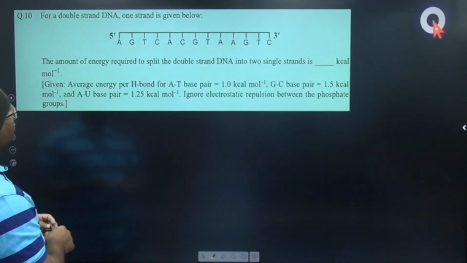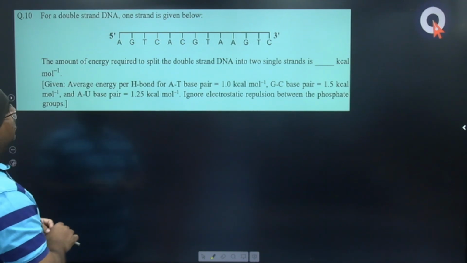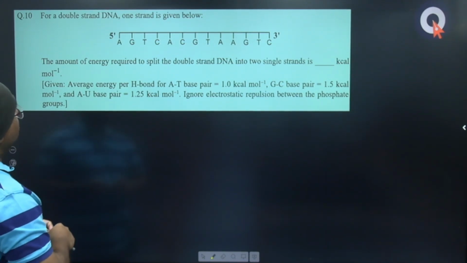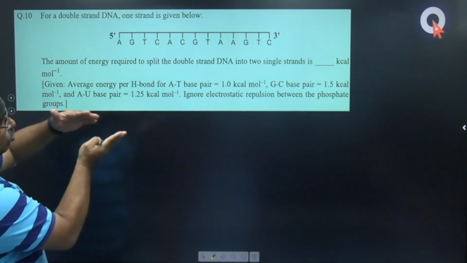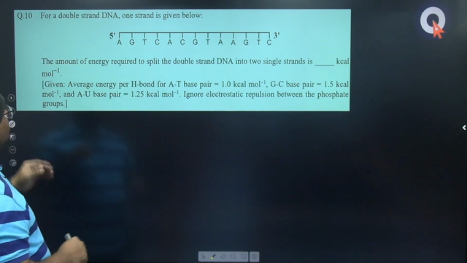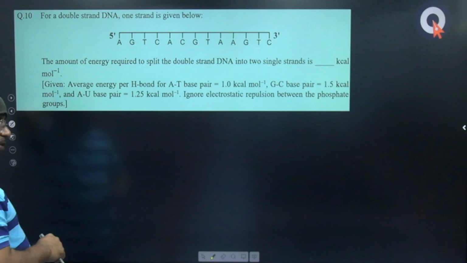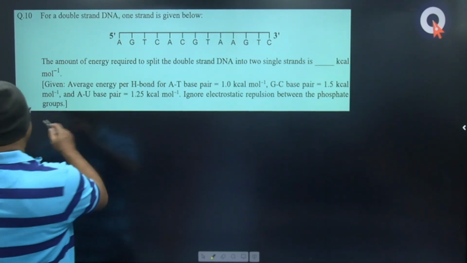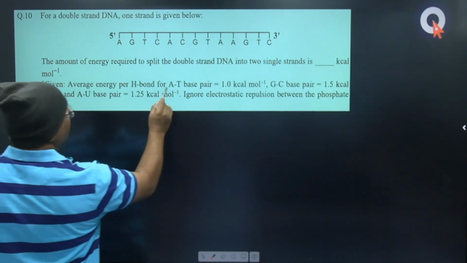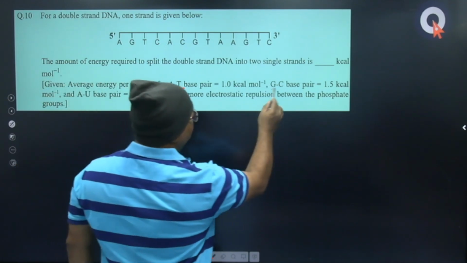A double stranded DNA, one strand is given like this. Then the amount of energy required to split the double strand into two single strands, means two completely separate. And the average energy for hydrogen bond of A and T base pair, G and C base pair, A and U base pair is given. So in DNA, the AT base pair only exists, and the GC base pair.